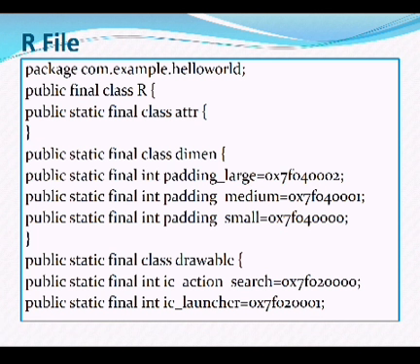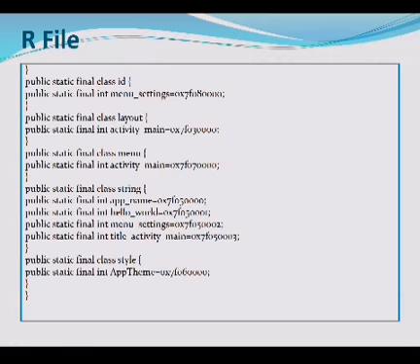It is an automatically generated file. You should not modify the content of the R.java file. So it is a compiler generated file, so we cannot modify it. It acts like an interface between the activity Java files and the strings.xml file. This is the R file generated for the hello world program.